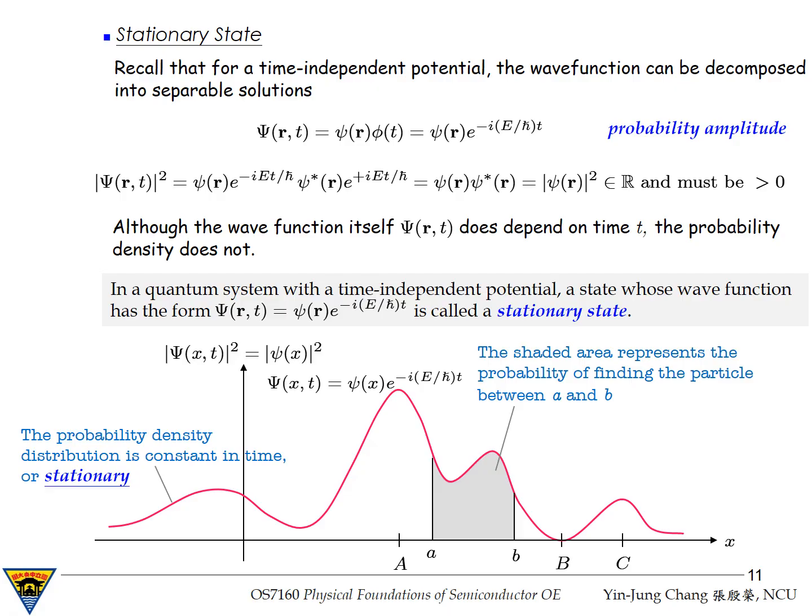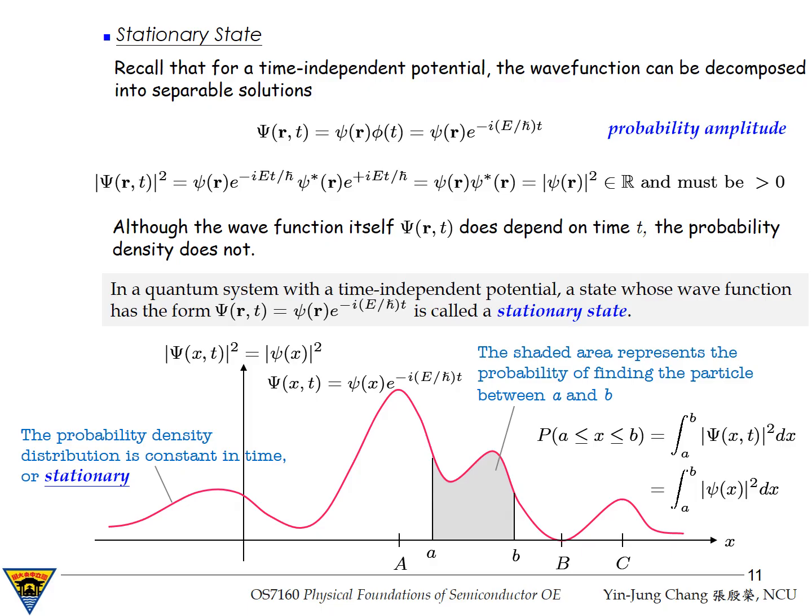So you would be quite likely to find the particle in the vicinity of point A, where the probability density is the largest, and relatively unlikely to find it near point B. The probability of finding a particle in the interval between A and B is the shaded area under the graph, and can be obtained using the expression as shown.